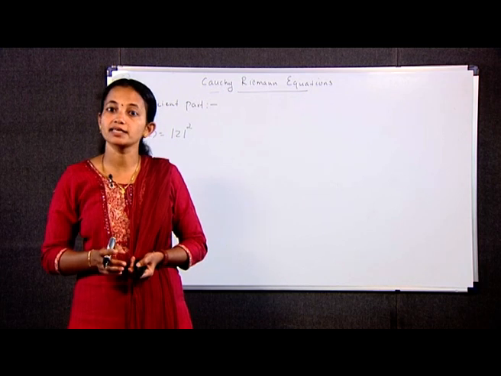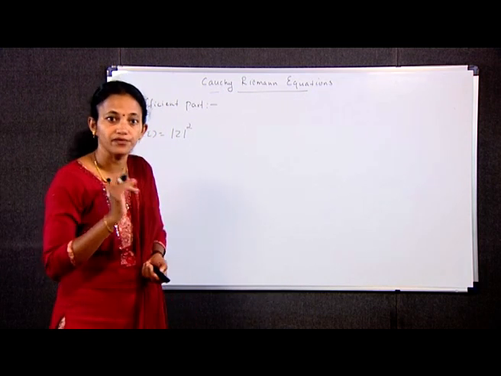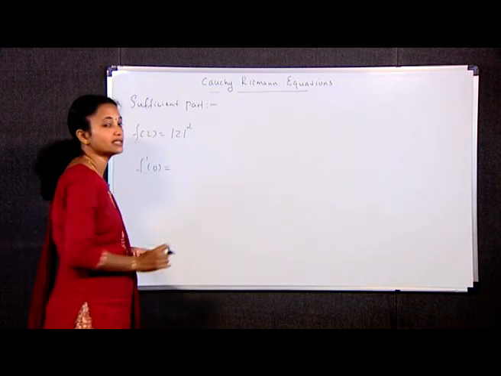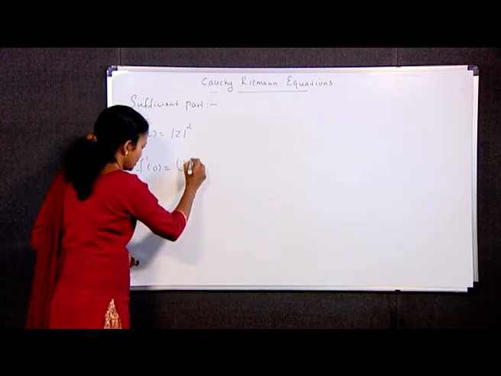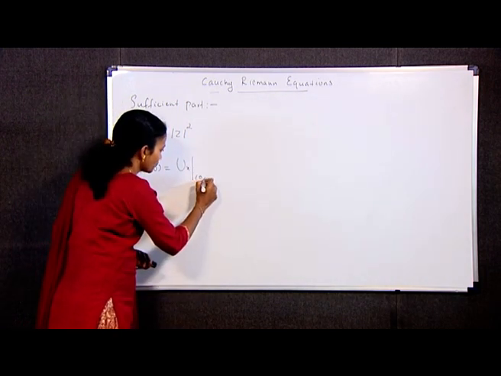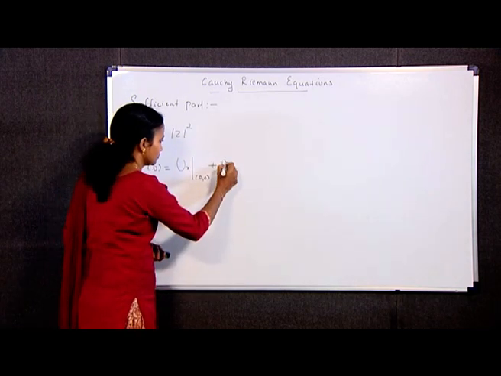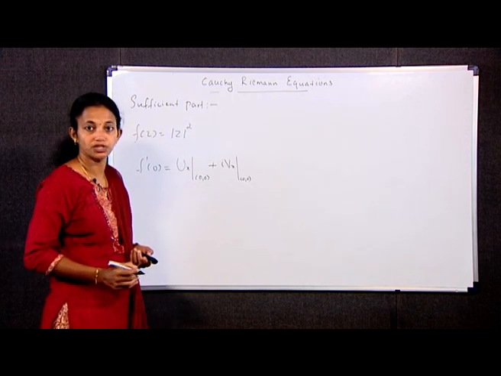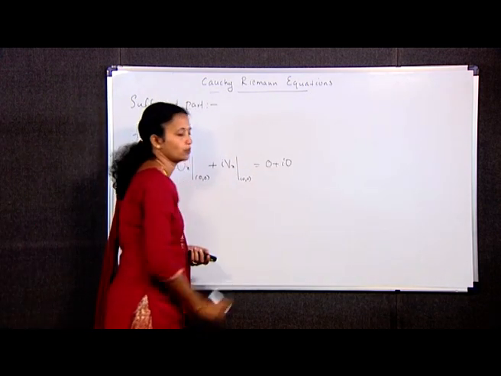Hence, f dash z exists at z is equal to 0. Also, f dash 0 is equal to ux at the point 0, 0 plus i vx at the point 0, 0, which is equal to 0 plus i0.